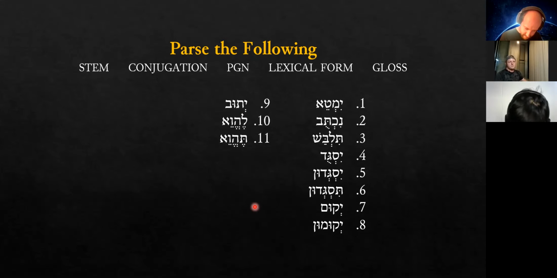11. Teheve. Stem: Peal. Conjugation: Imperfect. PGN: third person feminine singular, or second person masculine singular.